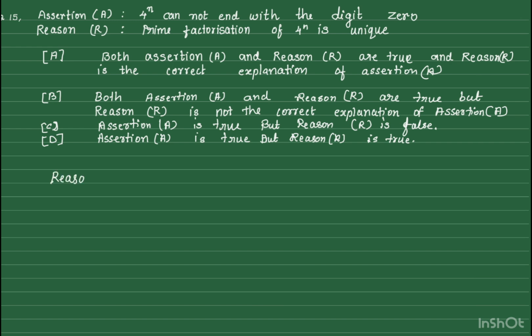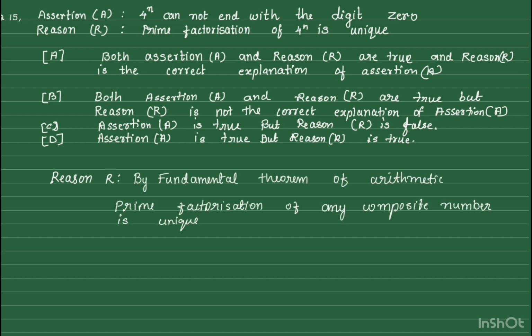Let's check reason R. Prime factorization of 4 raised to n is unique. Yes, by the fundamental theorem of arithmetic, prime factorization of any composite number is unique. Therefore, the reason R is true. Assertion A states that 4 raised to n cannot end with the digit 0.